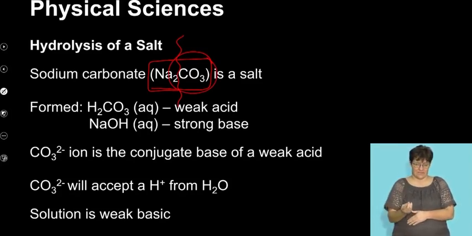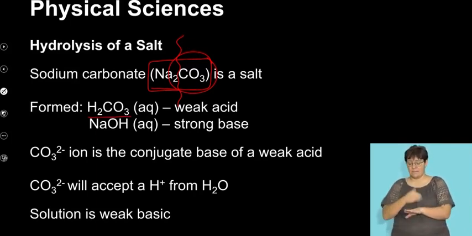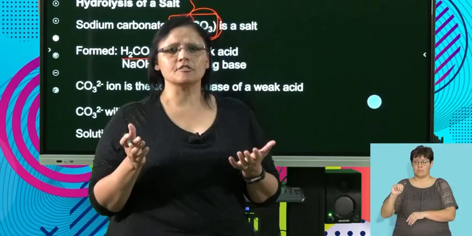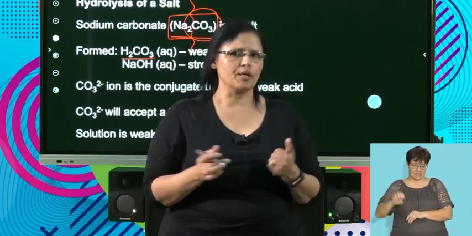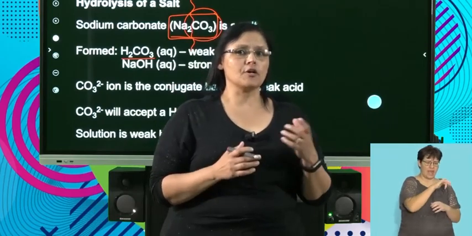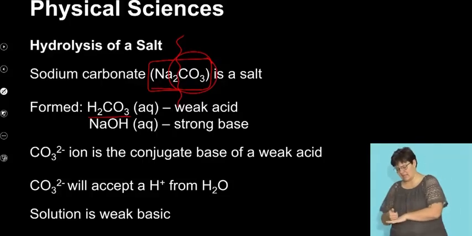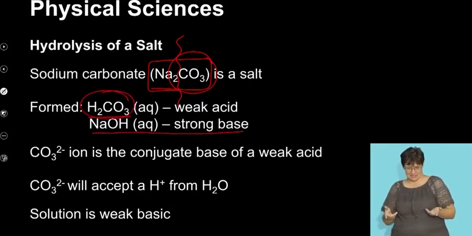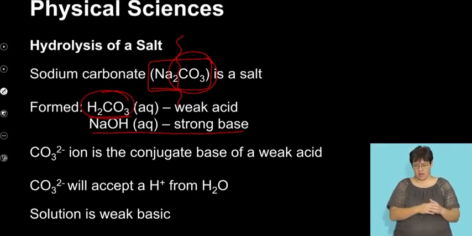So the acid that was used was carbonic acid, and the base that was used was sodium hydroxide. Now we know from strong acids and strong bases, weak acids, weak bases, that sodium hydroxide is a strong base, and carbonic acid is a weak acid.